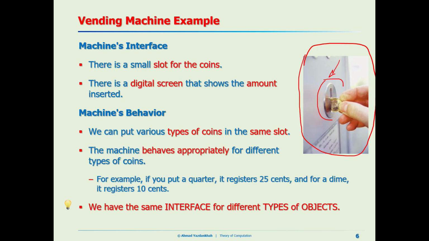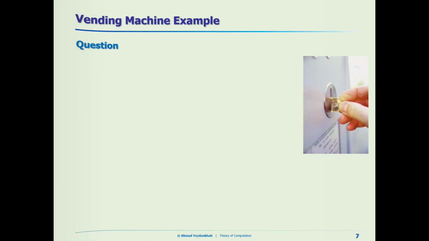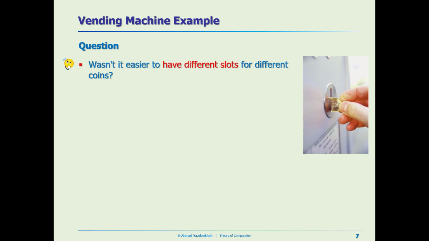So the question we can ask is, what if we had a different slot for different coins? Wouldn't it be better or easier if we had different slots for different coins?